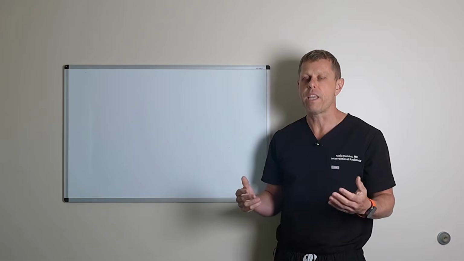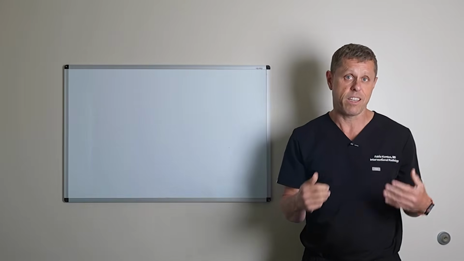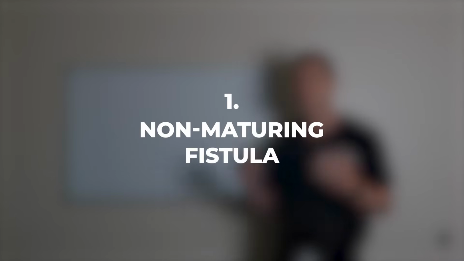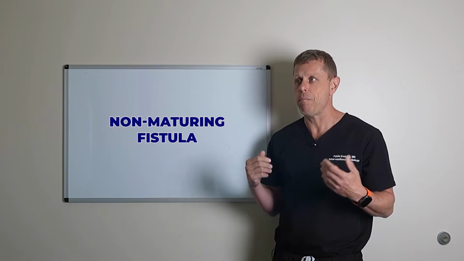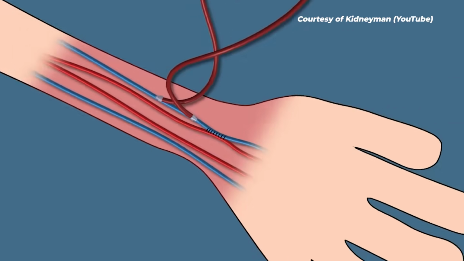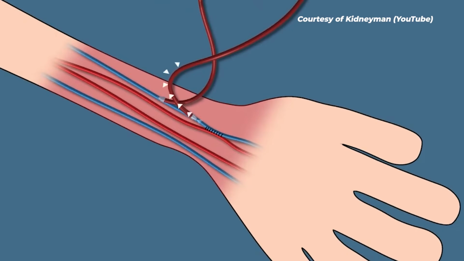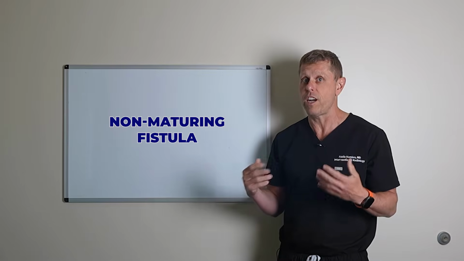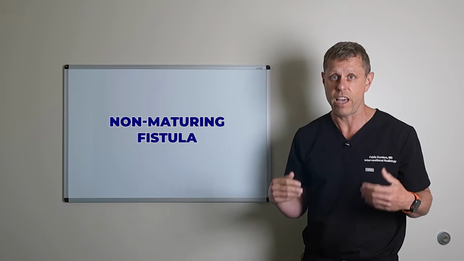So the first problem that can happen after installing a native arteriovenous fistula is a non-maturing fistula. They put the fistula in, and usually it takes a few months for the fistula to be able to be used. After, say, 2, 3, 4 months, they are usually large enough that they can be accessed and they have enough flow.